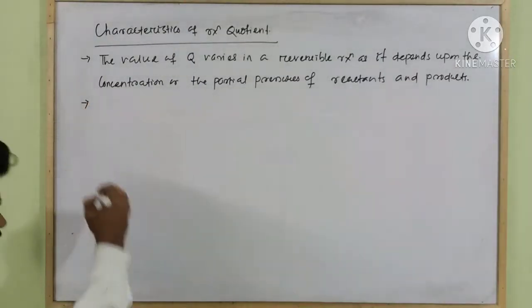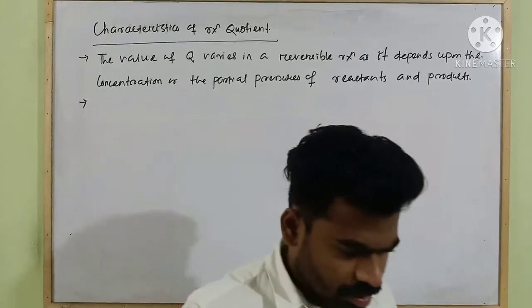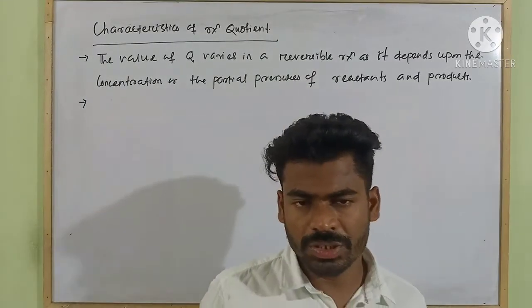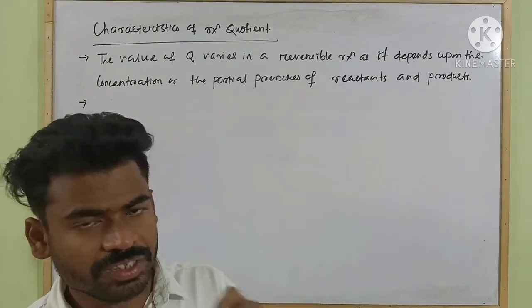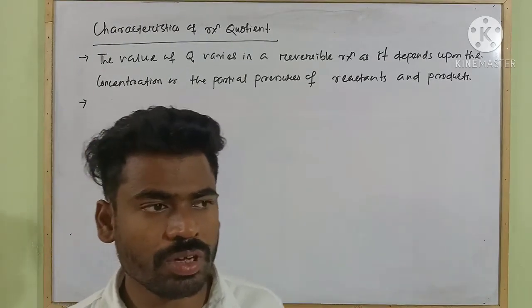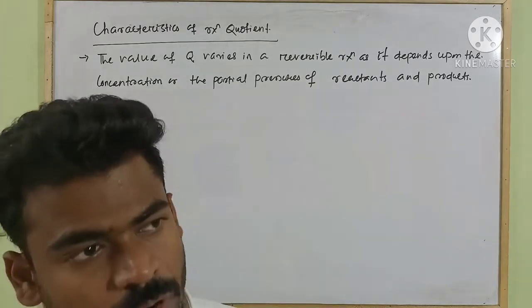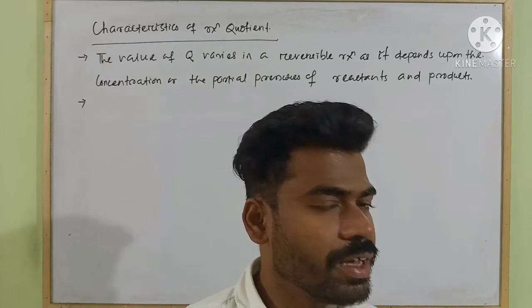Is that clear? Next, the value of Q, which represents the ratio between concentration of product to the reactant. If I can say the value of Q increases, that means the numerator portion increases.